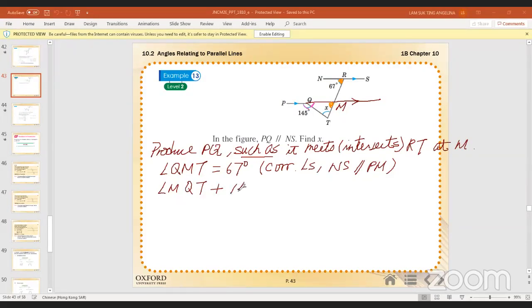This angle plus 145 degrees equals 180, right? And then reason, be very careful. This time they are on the straight line, right? Therefore, in this case, we use this reason, adjacent angles on straight line. Yes.